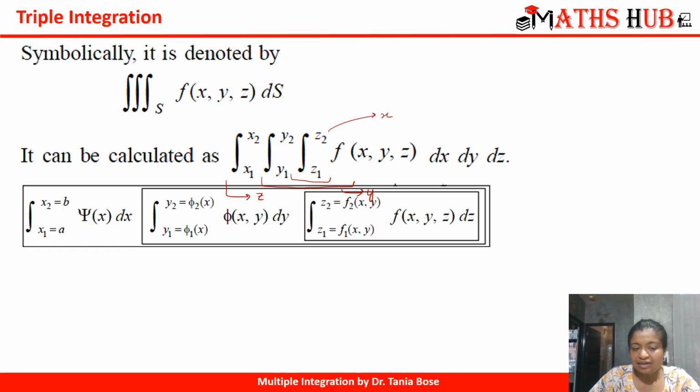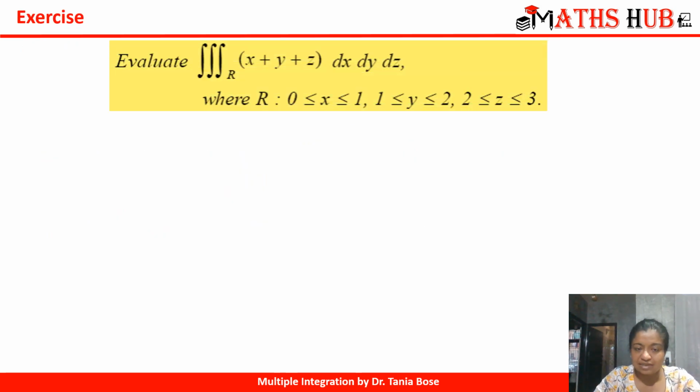If the second integral depends on y, then usually the limits of y depend on x. And once this integral is also done, we are only left with the variable x, so the limits of x are always constant, right? Likewise, you can set up any order and accordingly place the limits of the integral, right? So let us see a few questions on how we do these integrals.